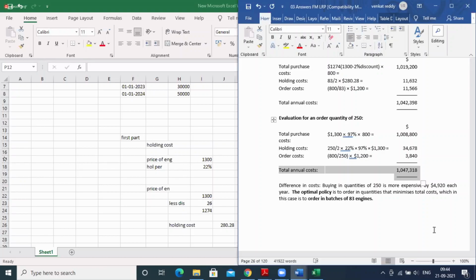So it is more. If you order 250 units, you are going to incur an excess inventory cost of 4,920. So that's why it is always suggested to go with the economic order quantity. It means you need to make an order of 83 units whenever you place an order.